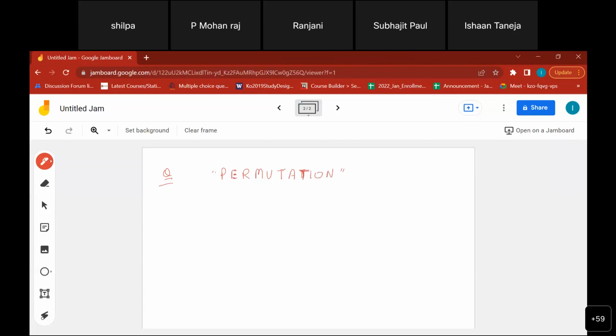How would you approach it? 11 factorial by 2 factorial. Because in total we have 11 alphabets, of which T is repeating 2 times, so I have to take this repetition into consideration.